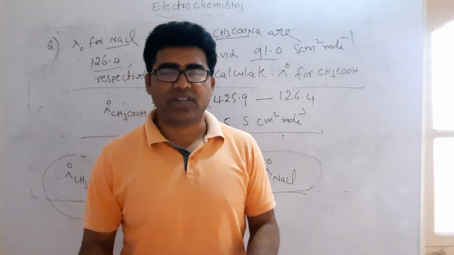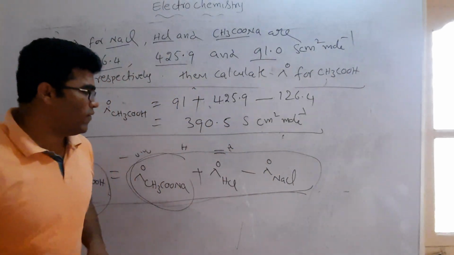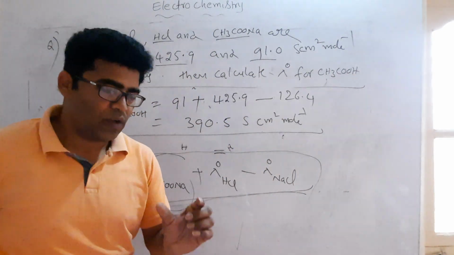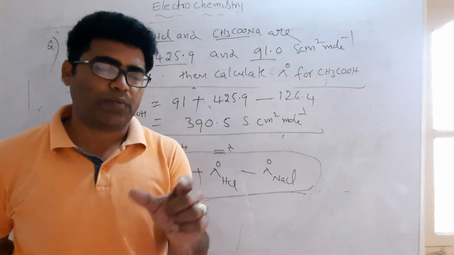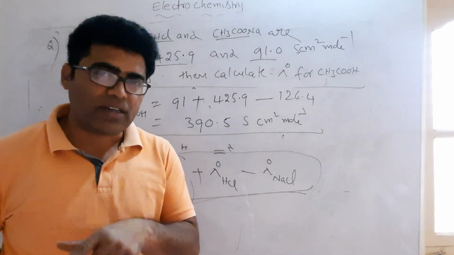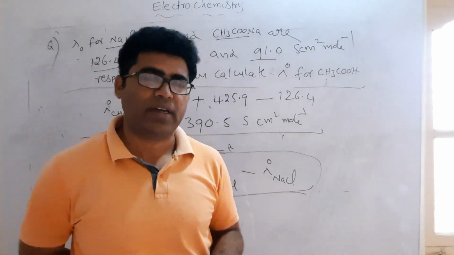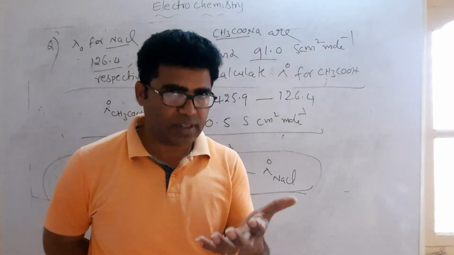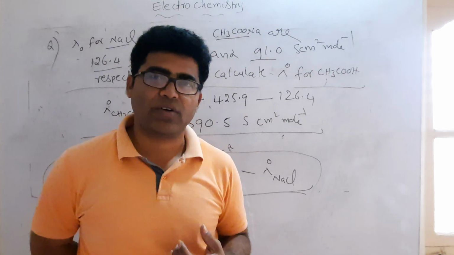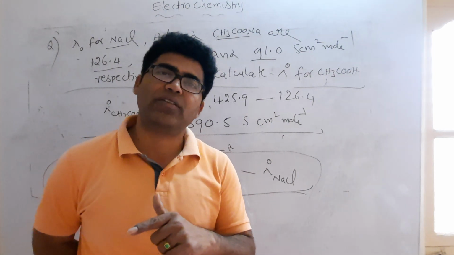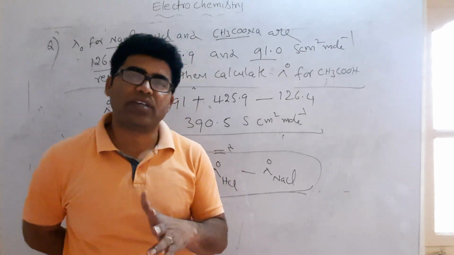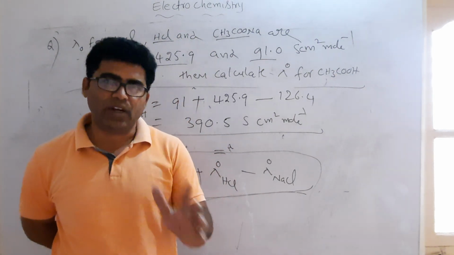What is the given concentration? Here you try to understand. One spoon sugar dissolved in one glass water, that is called the concentration of the sugar solution, where the sugar quantity is more. Suppose one spoon sugar dissolved in one bucket water, which is a very dilute solution.